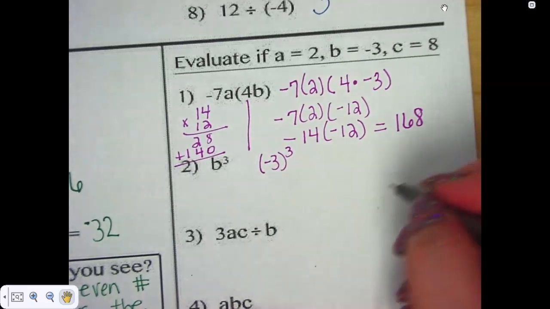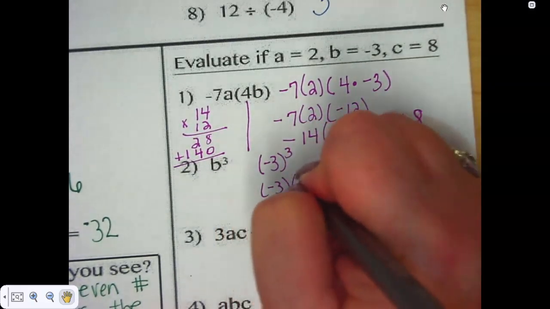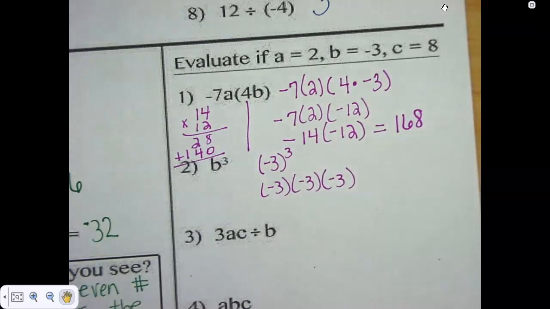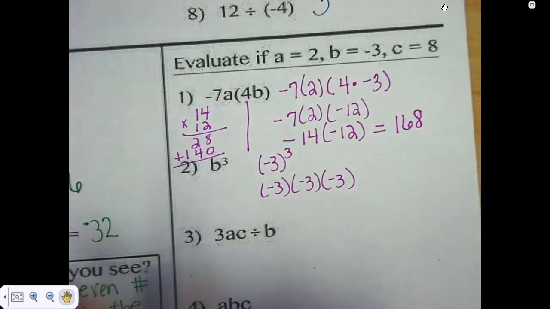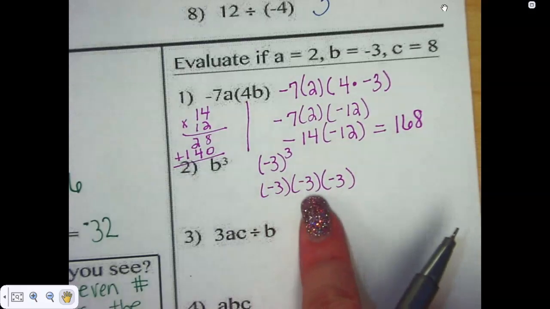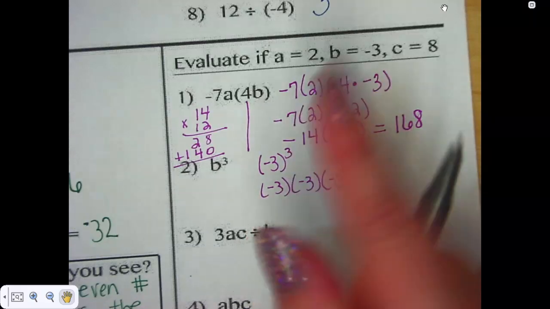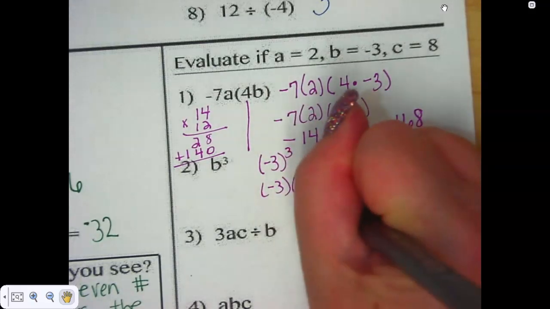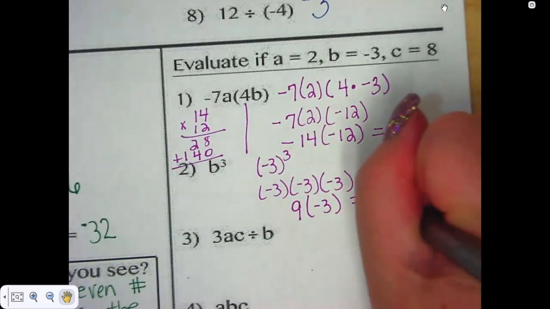So that means -3 times negative 3 times negative 3. So 3 times 3 is 9, and a negative times a negative is a positive, so I have a positive 9, and then a positive 9 times a negative 3. 3 times 9 is 27.